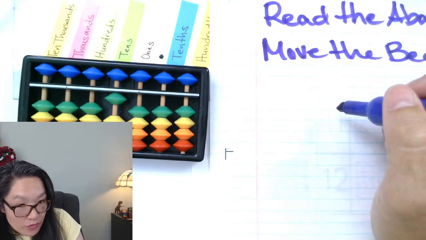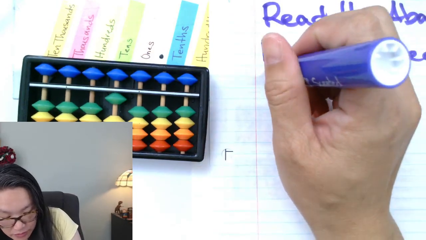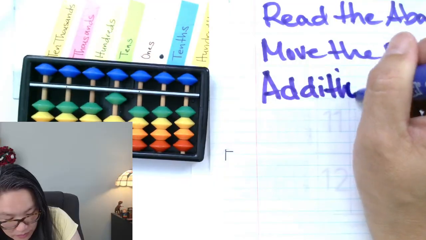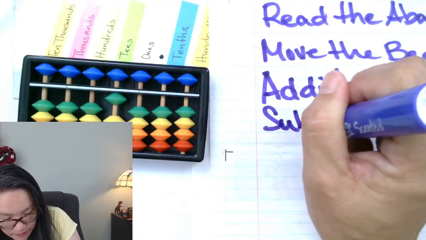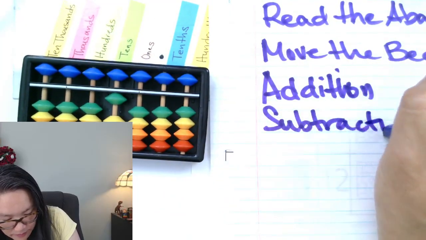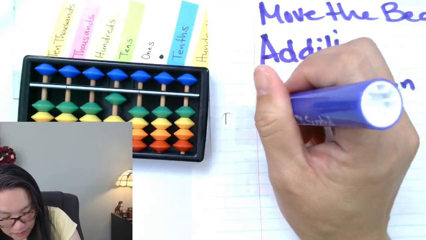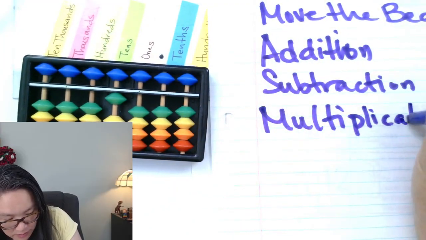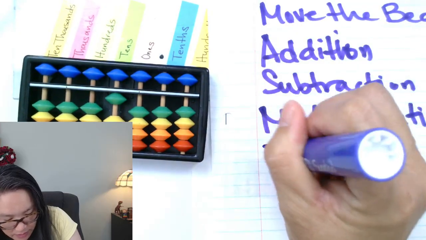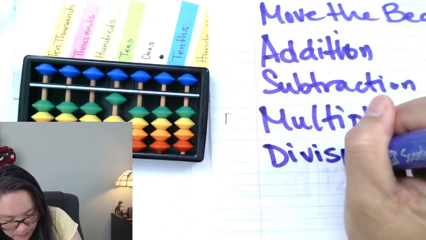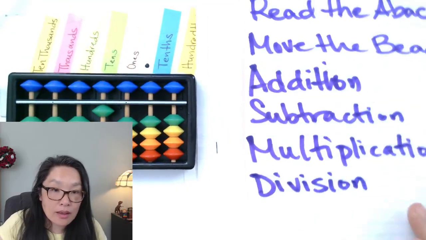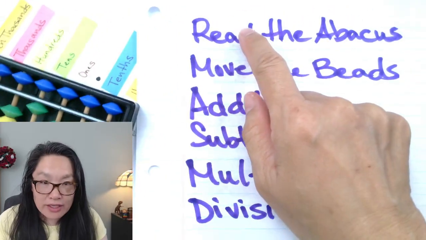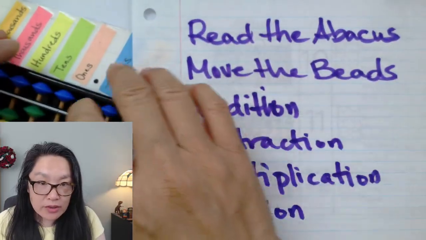After we learn how to move the beads, we will go into addition, subtraction, multiplication, and division. So that's the first thing we got to do. Right now we're here because we need to understand how to read the beads.